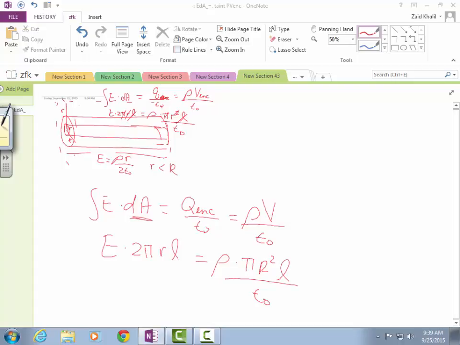And so therefore, E outside is, pi's cancel, L's cancel, you get rho big R squared over 2 epsilon naught little r. That's right, it's 1 over r. So if we graph this, it's linear, and then it's 1 over r.